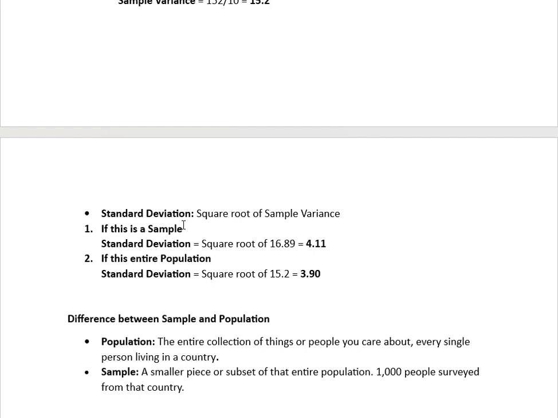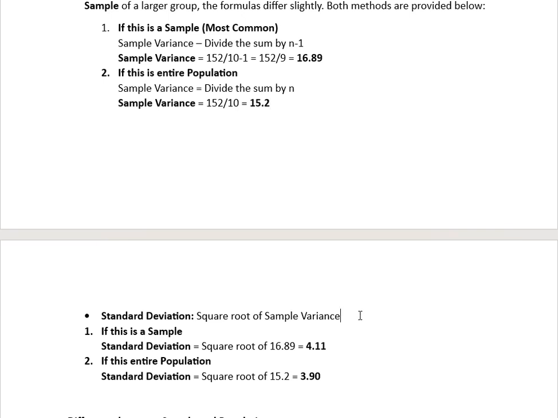Similarly, standard deviation is basically the square root of sample variance or population variance. So if this is a sample, the standard deviation uses the variance of a sample, which is 16.89.